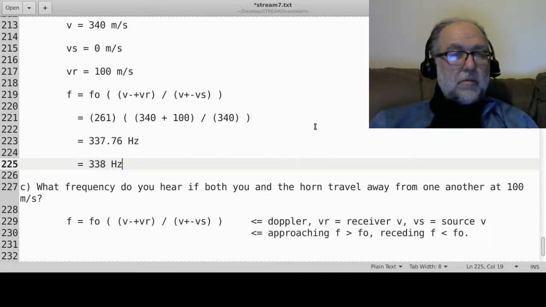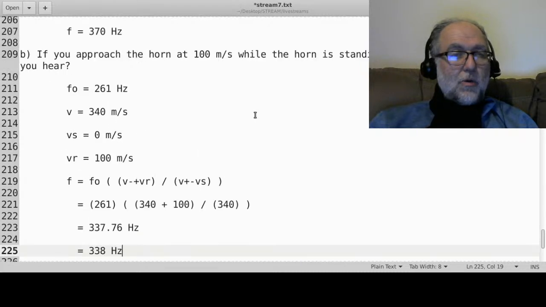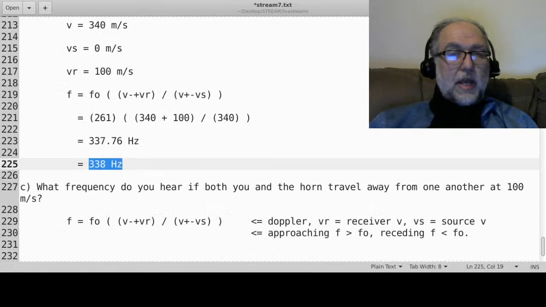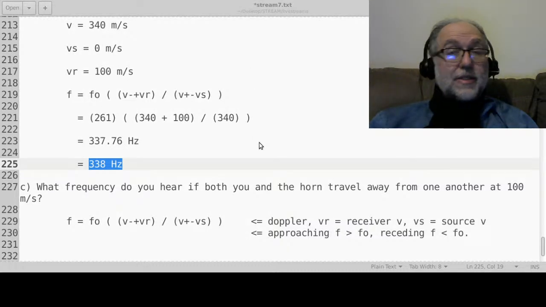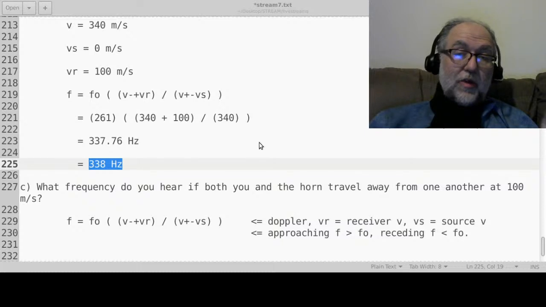Is that what you expected? Yes, you expected it to go up. It starts off at 256, and now you're hearing 338. Notice it's not symmetrical. It does matter whether it's the source moving towards the receiver or the receiver moving towards the source.